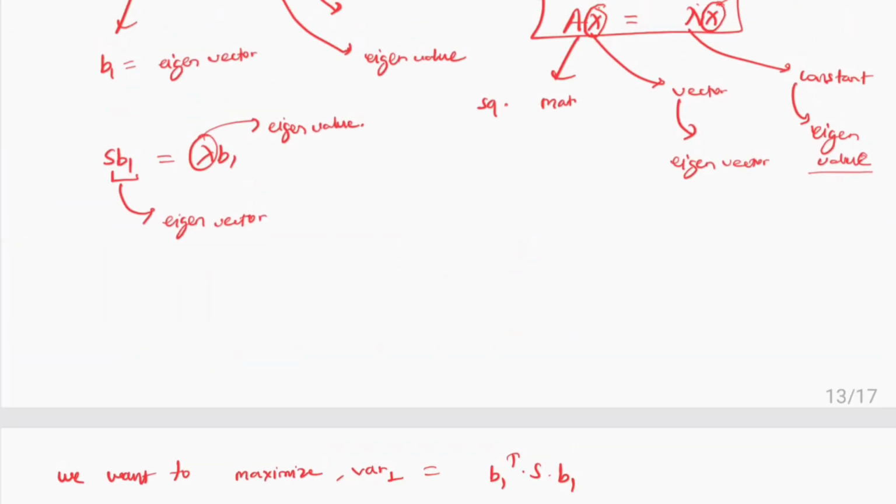We want to maximize the variance 1, and variance 1 was nothing but b1 transpose dot S dot b1, as you recalled. And we have Sb1 from here.